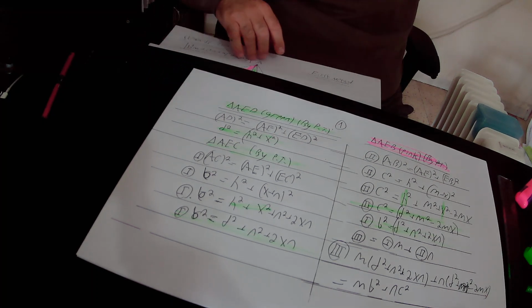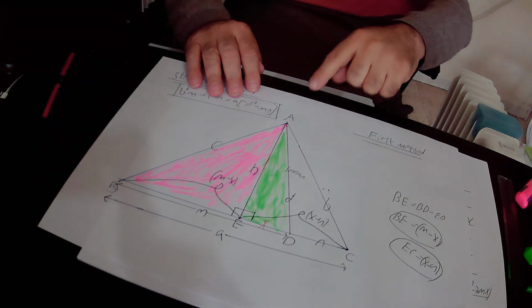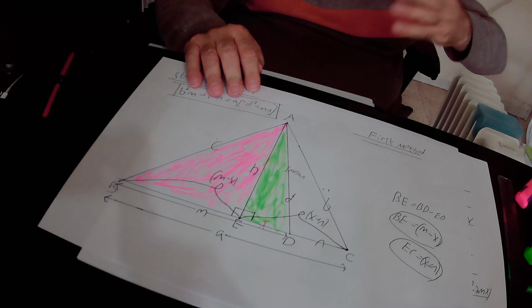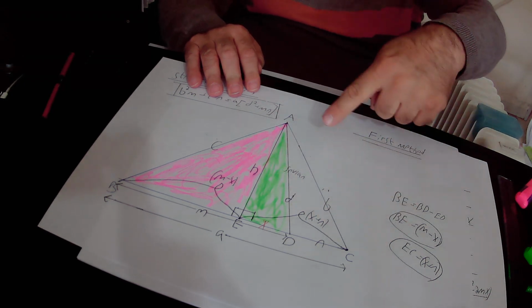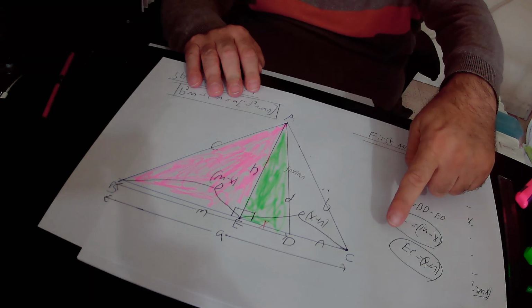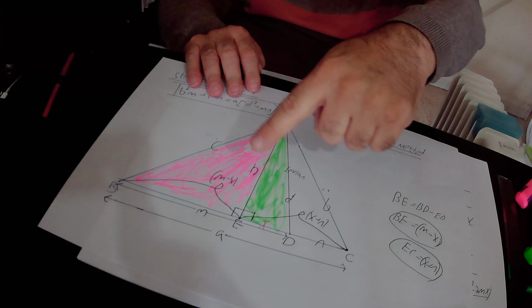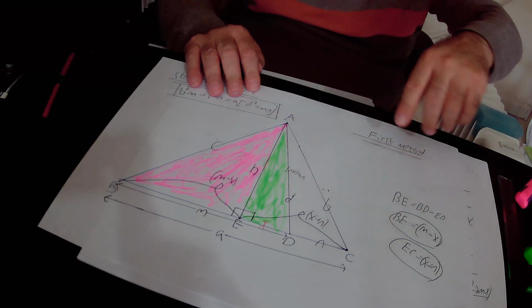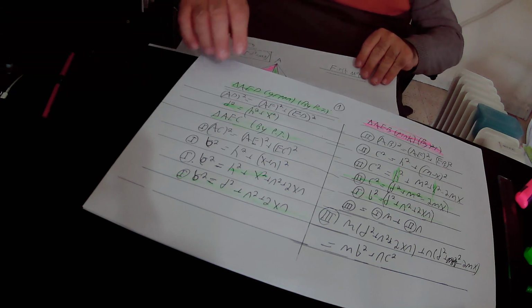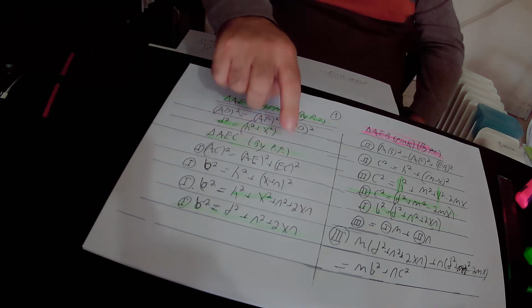Then we implemented the Pythagoras theorem on triangle AEC. According to the Pythagoras theorem, on the right triangle AEC, AC square equals AE square plus EC square.